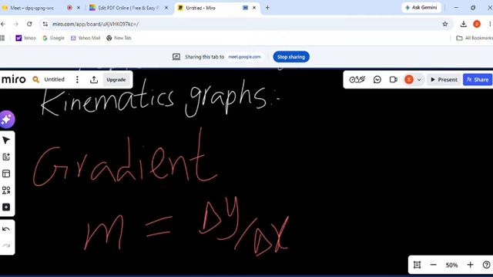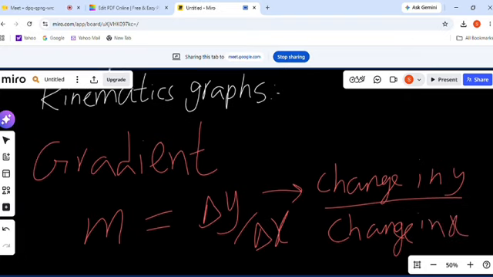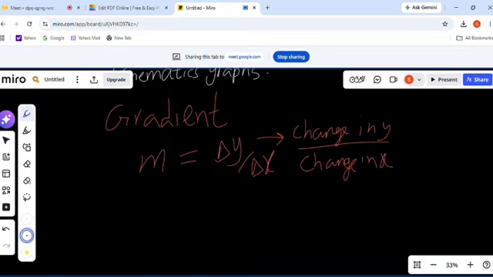Delta y means the change in y, divided by the change in x, meaning the change in the values of y and the change in the values of x. Let us consider an example. I am drawing a distance time graph.